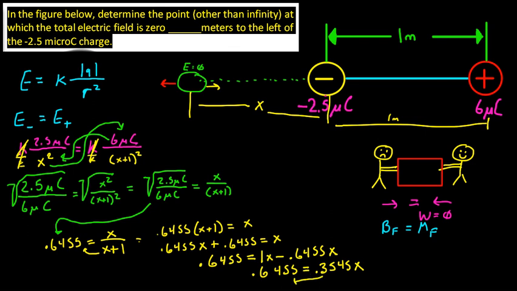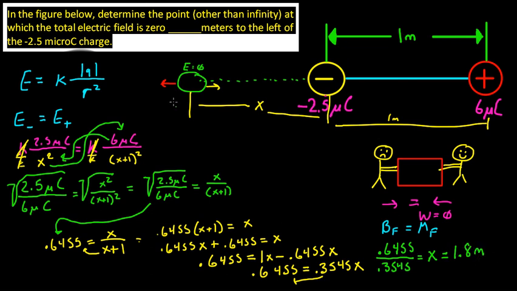So we've got 0.6455 divided by 0.3545 equals x. And when you do that, you get x equals 1.8 meters.